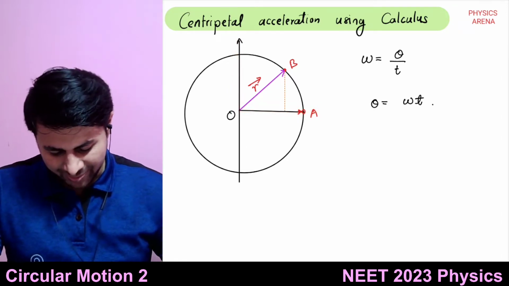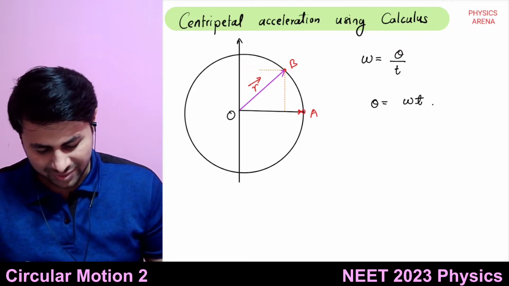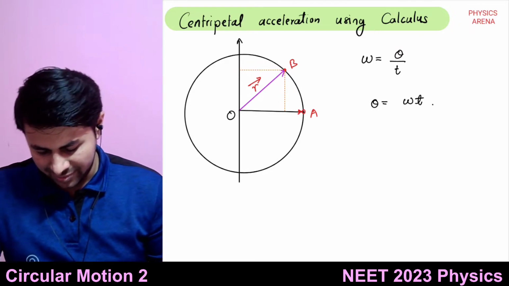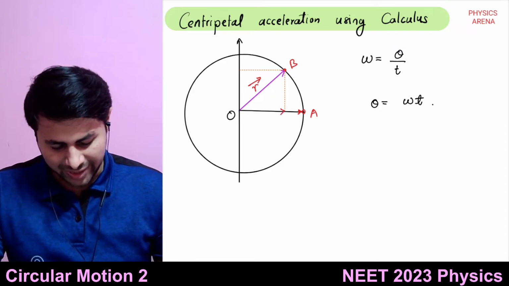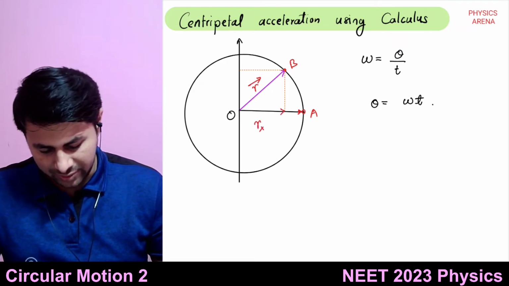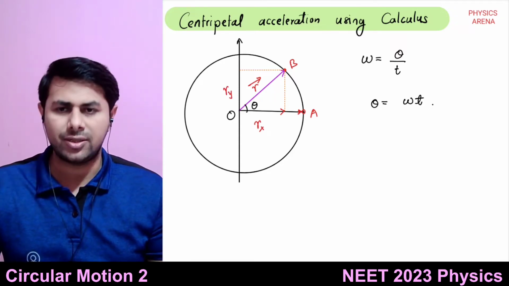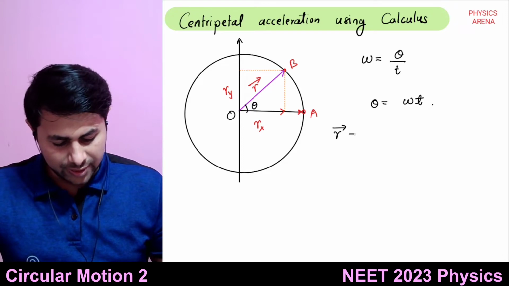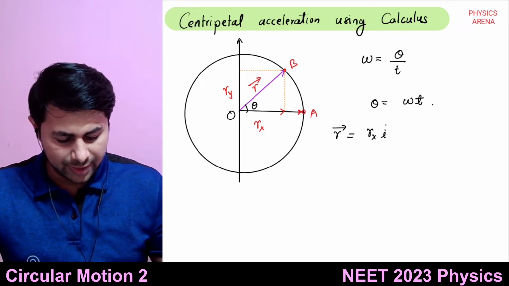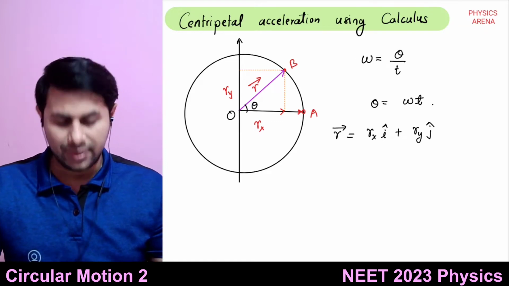So let's draw a perpendicular from here on x-axis and y-axis. Okay, so this much is my x component. I will call it Rx, and this is the y component. I will call it Ry. So what can I say about the position vector? R bar is equal to Rx times i cap plus Ry times j cap, right?